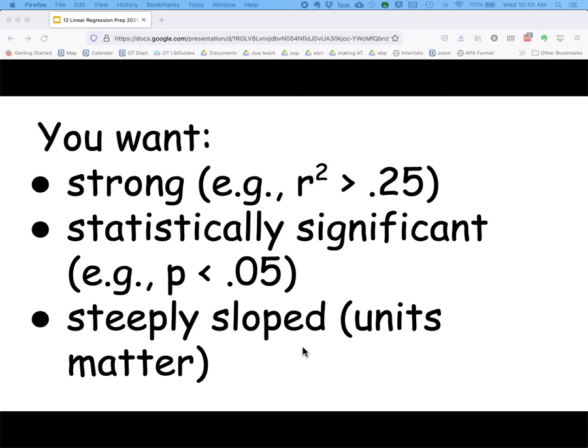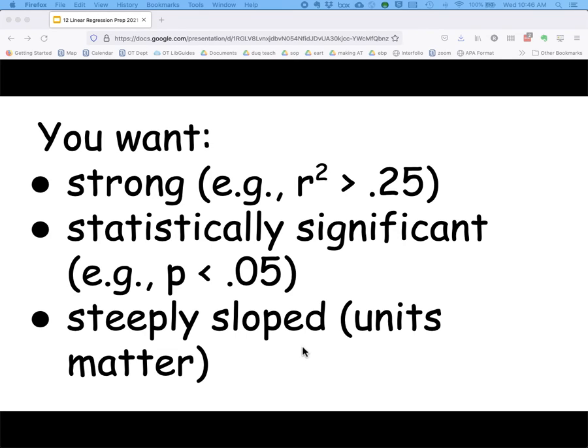So if you're interested in the amount of time spent practicing handwriting on handwriting quality, because maybe you want to make a case that the students in the classroom you're working with should spend more time on handwriting practice, it matters a lot if your slope is in terms of seconds or hours or days, right?